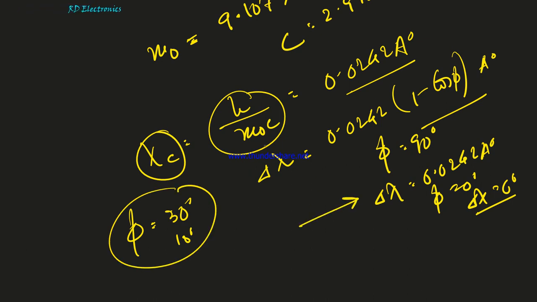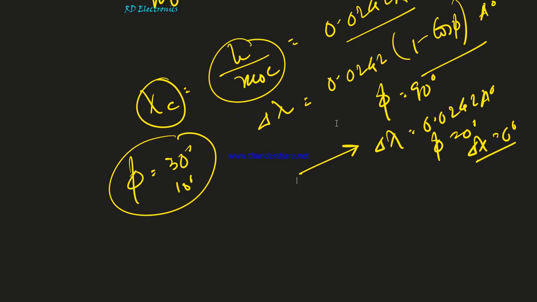So that is the importance of the Compton shift in wavelength. This is very important, and it is for the quantum mechanical behavior of particles. This experiment also shows us that light has a wave nature, because here the wavelength changes.